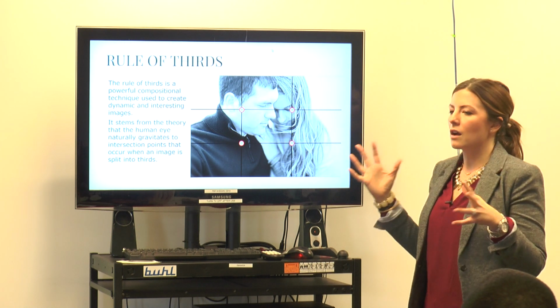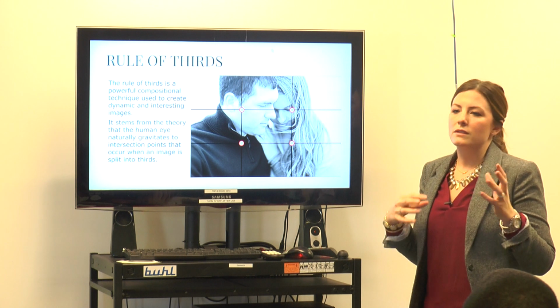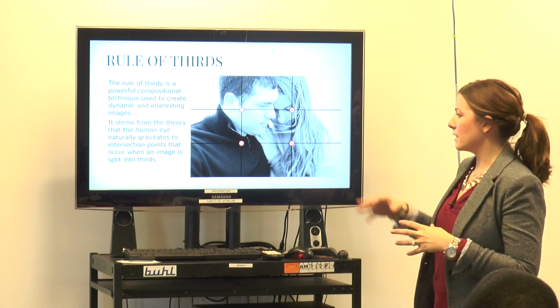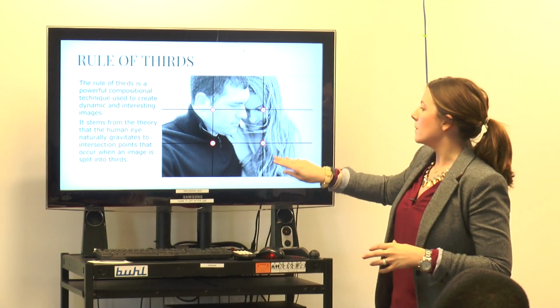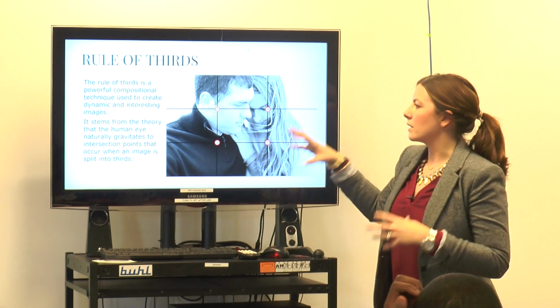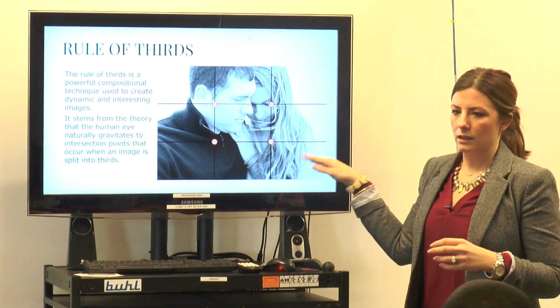There's obviously room to do your own interpretation when you're framing an image, but the rule of thumb is your eye is naturally going to go to one of those points, so keep the interest in your image at those points.